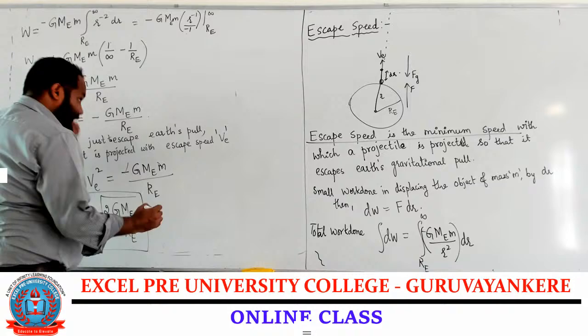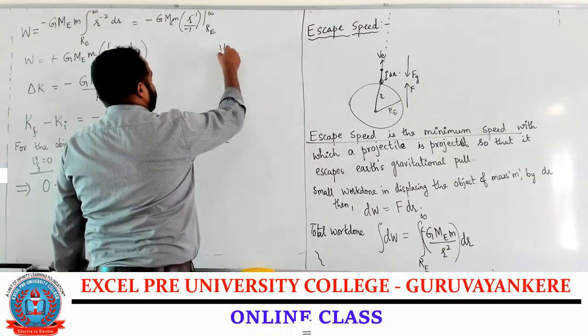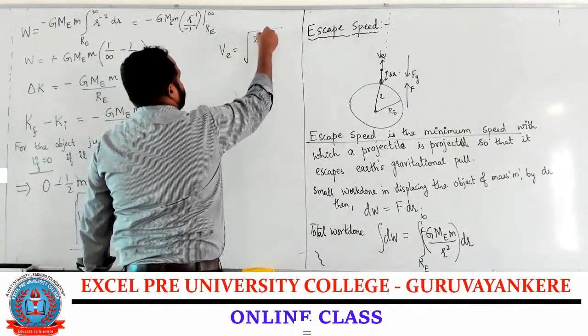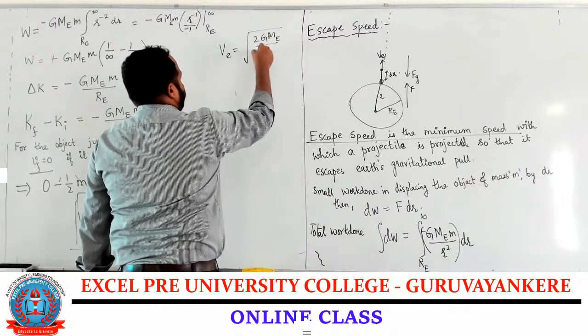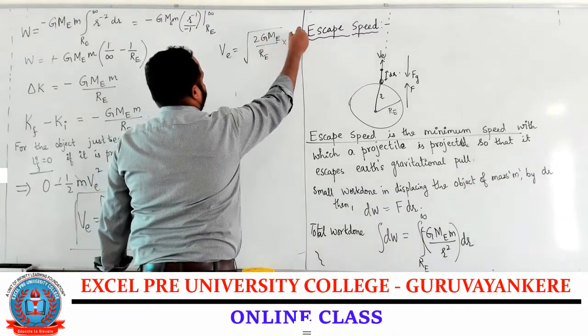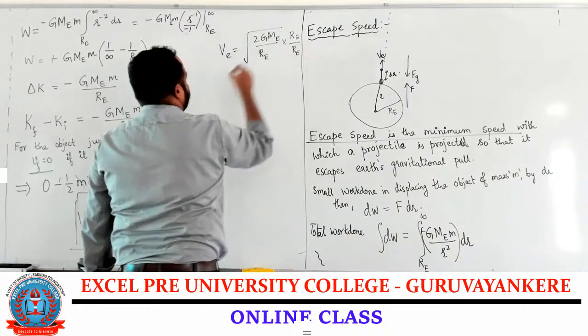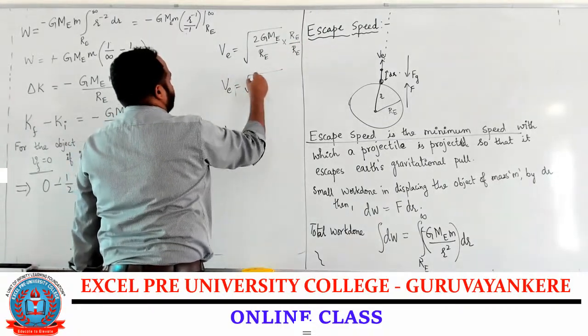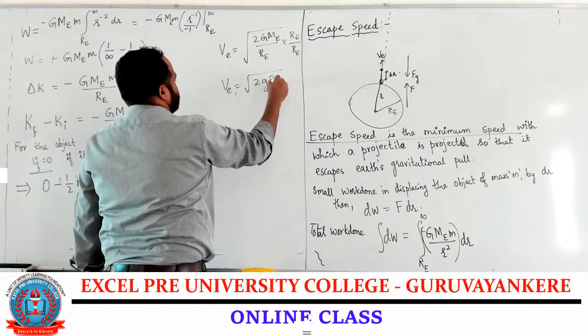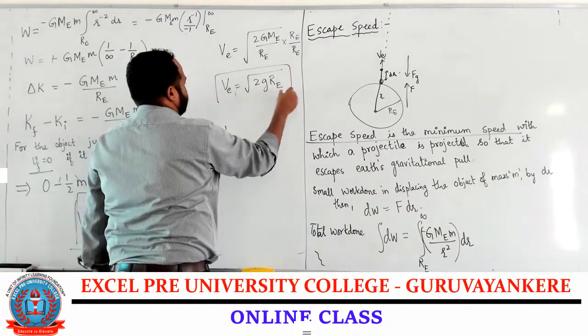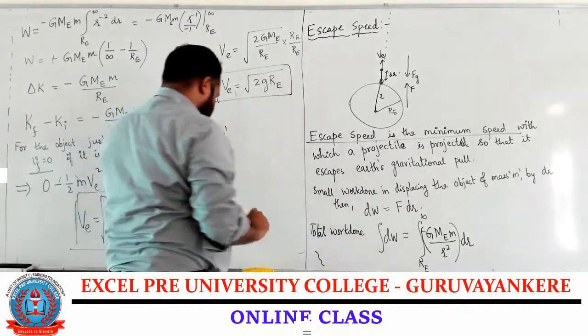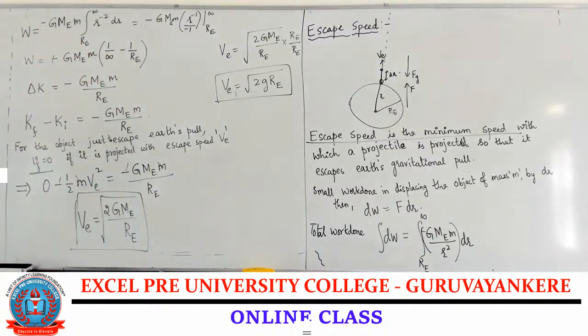Now if I multiply this here, root 2 GMe by Re, multiply this by Re, divide this by Re, Ve will be root of 2gRe.